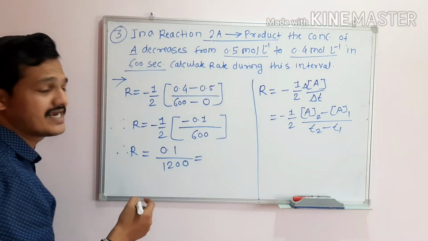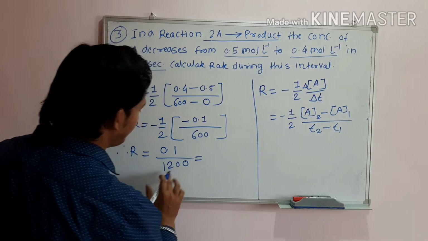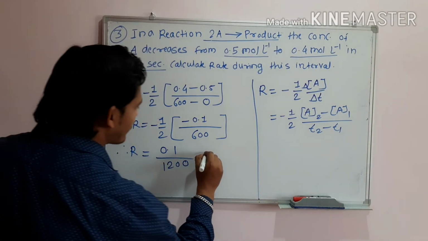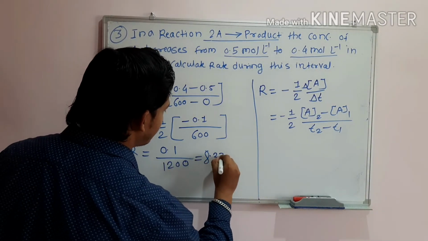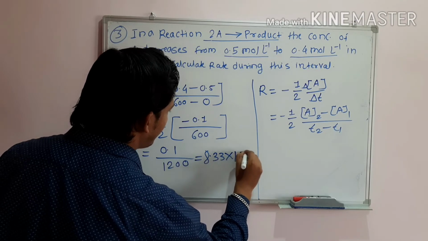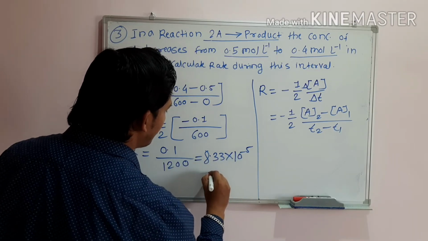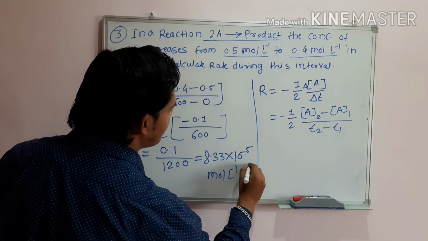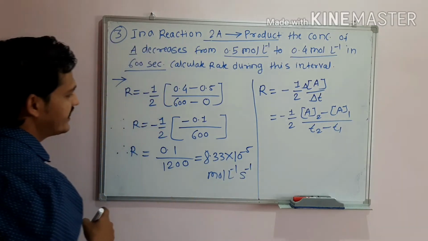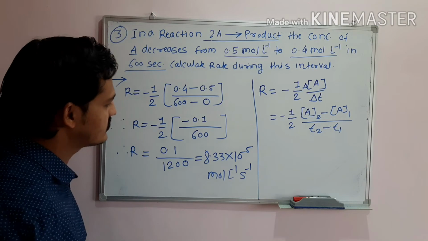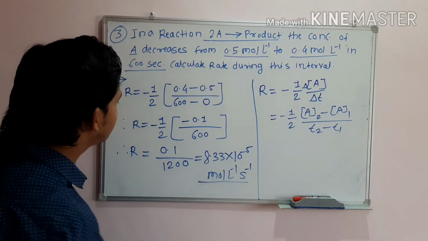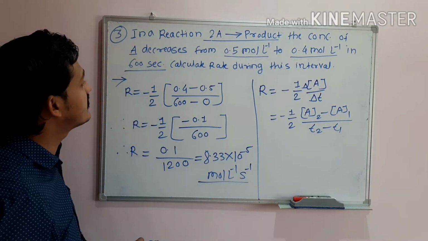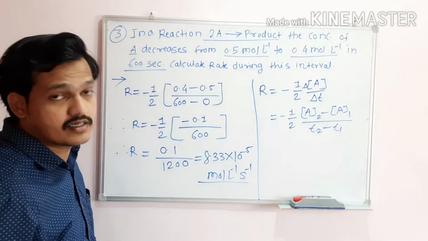I am telling you the answer for this equation directly. तुम्हाला हे जमेल. So 8.33 into 10 to the power minus 5 mole per liter second inverse, because time is indicated in seconds. So this is the correct answer for the given numerical number third.